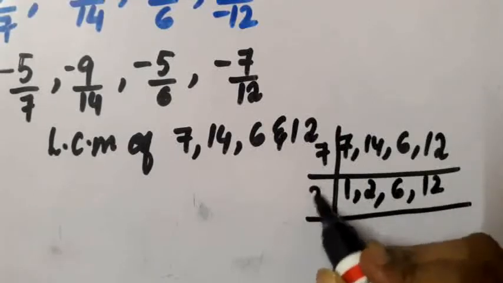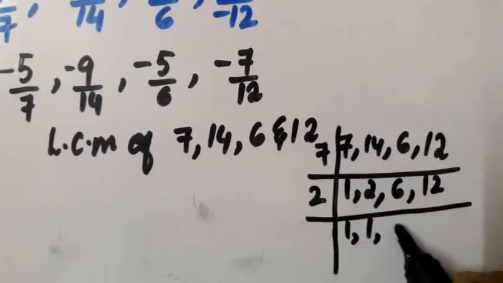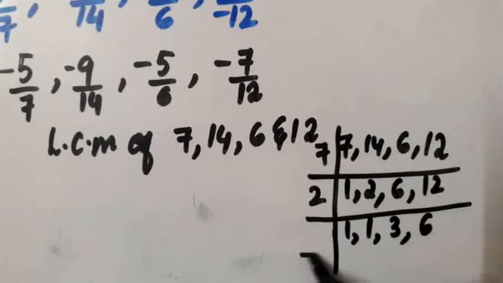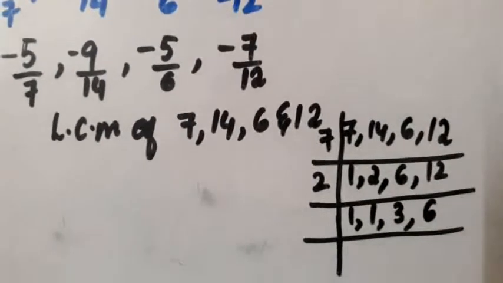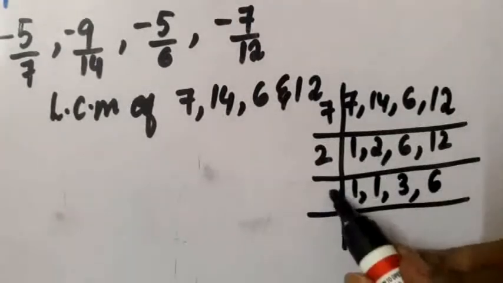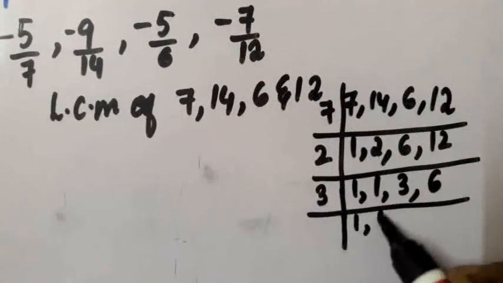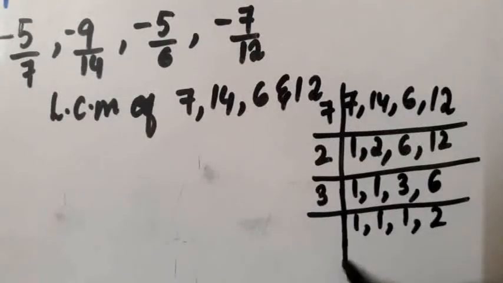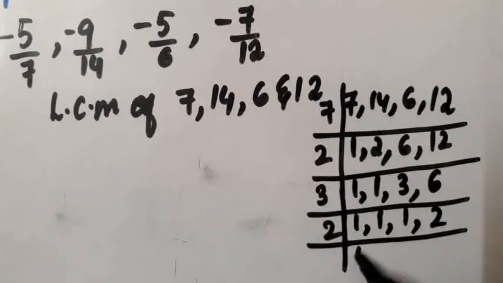Then let us go with the 2 table: 2 ones are 2, 2 threes are 6, 2 sixes are 12. Then again the 3 table, then the 2 table, until we reach 1, 1, 1, 1.